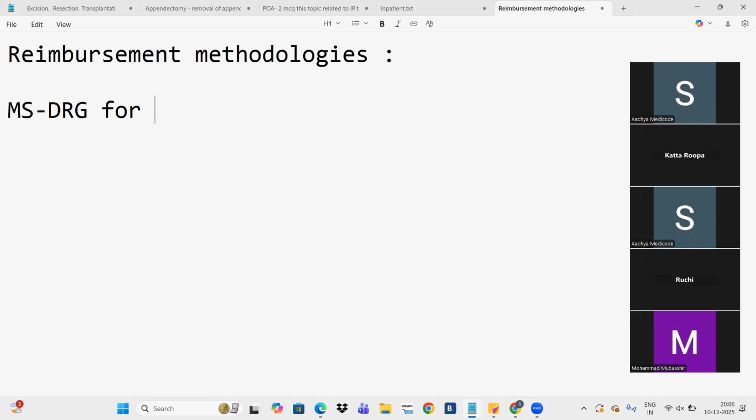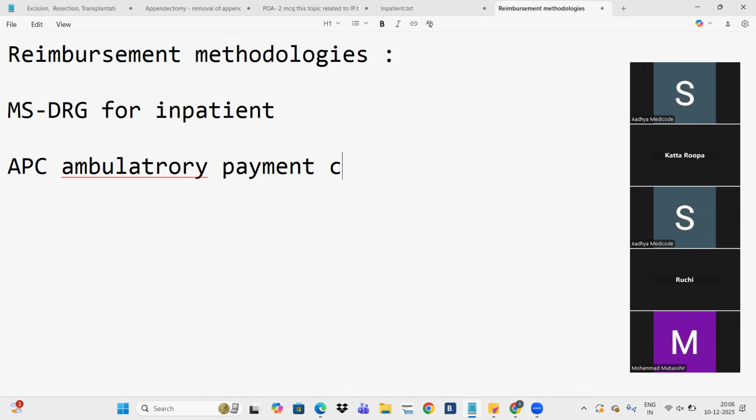For outpatient, they will calculate APC, ambulatory payment classification.